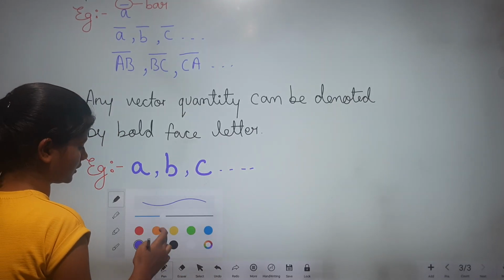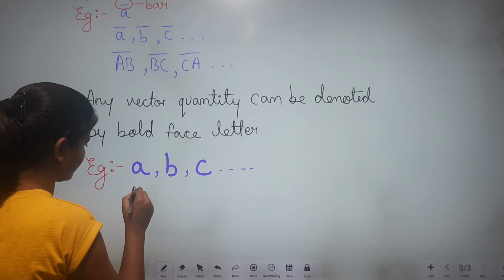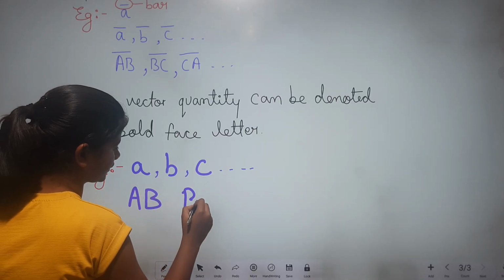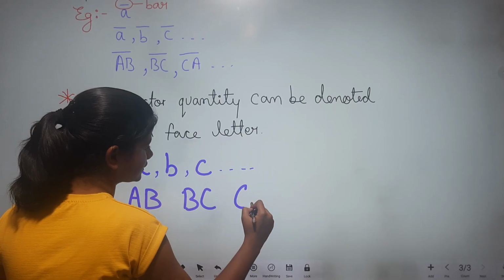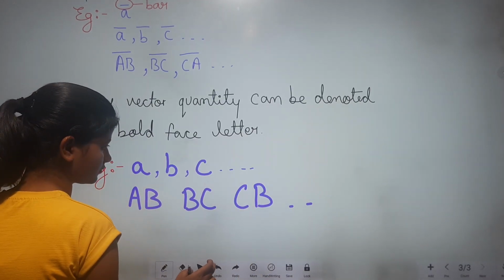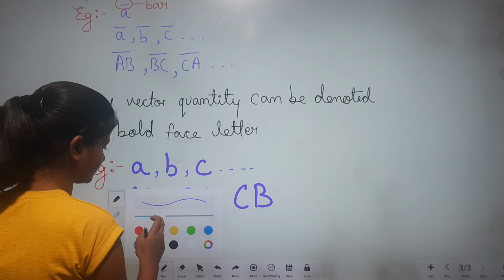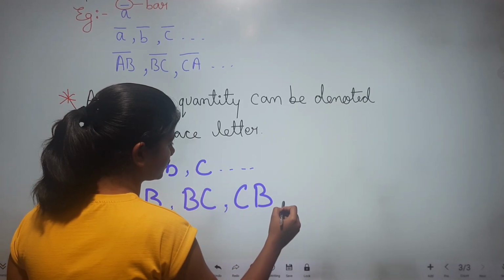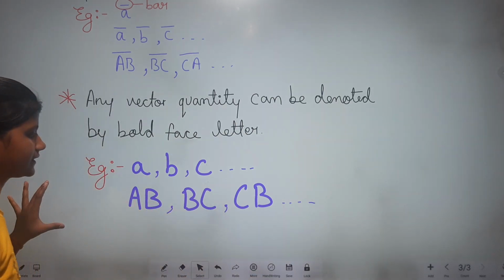Or you can also write like this: AB vector. Okay. BC vector, CB vector. Okay, and so on. So we can also denote a vector quantity by a boldface letter like this.